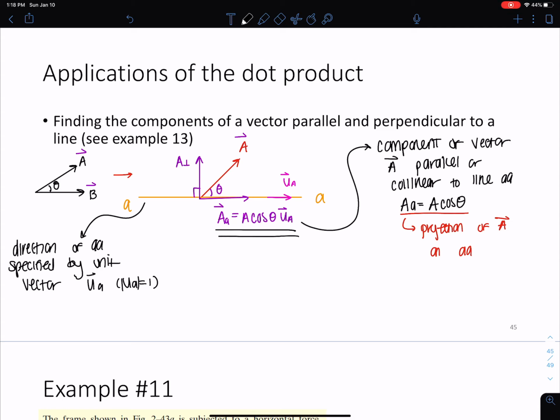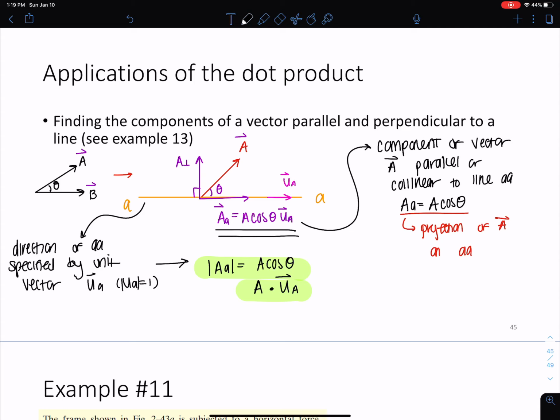So if my unit vector specifies the direction, I can find the magnitude of AA, by taking A cosine theta, or I can multiply A dot UA. I can take the dot product. I can take the magnitude of A, the resultant force A, and multiply it by the unit vector. This is a formula I'm going to use.